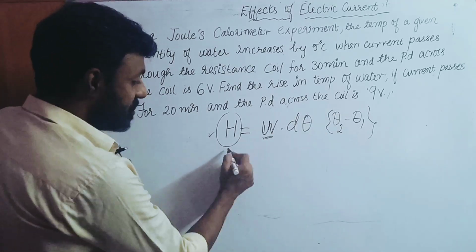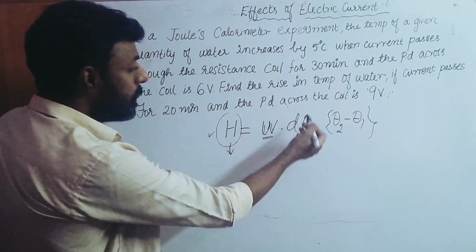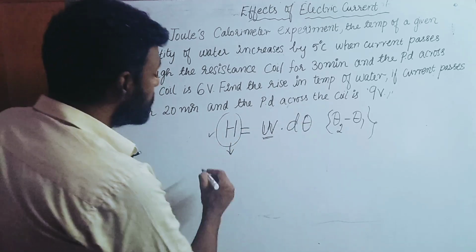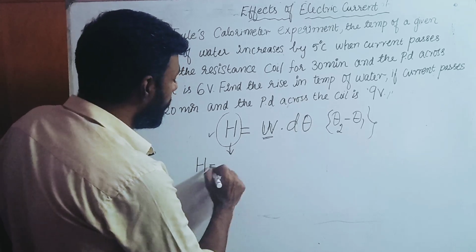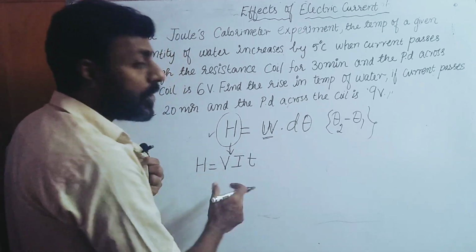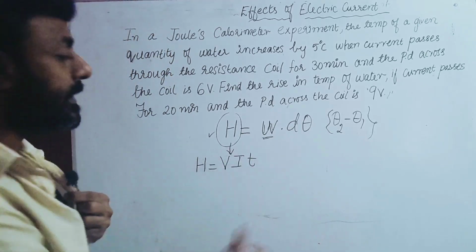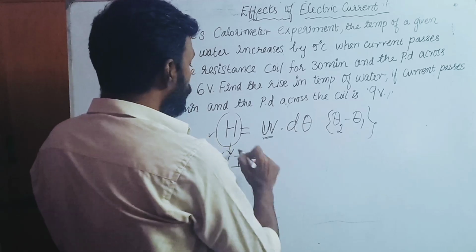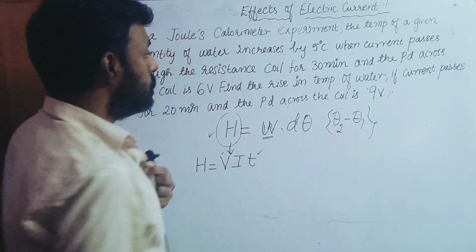Now what is H? Before getting into the step of solving this, we need to find the value of H. H is equal to V into I into T, that is nothing but the product of voltage, current and the time interval. We are given the voltage value and the time interval value.